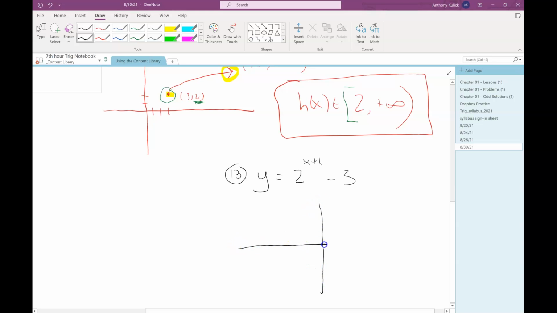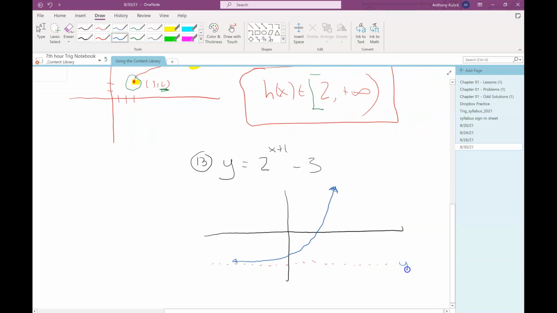You guys vaguely remember talking about those last year. One of the special attributes of all exponential functions is they have a horizontal asymptote. And that horizontal asymptote is always like y equals k.